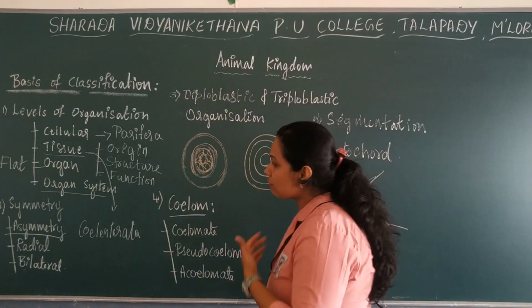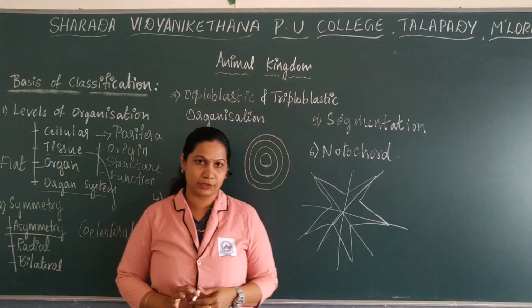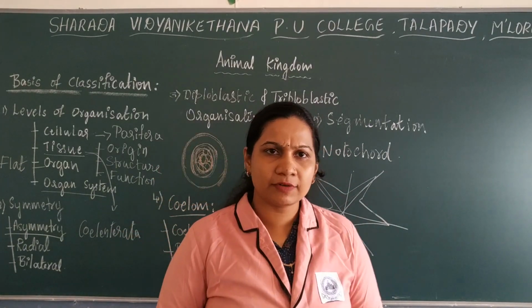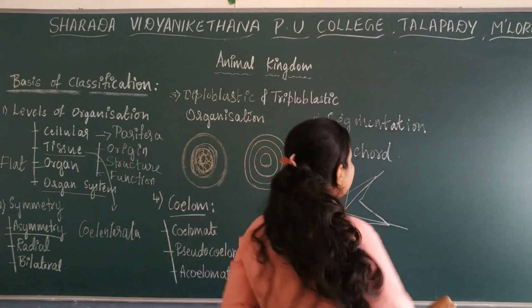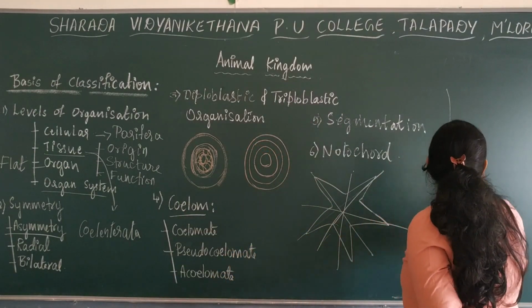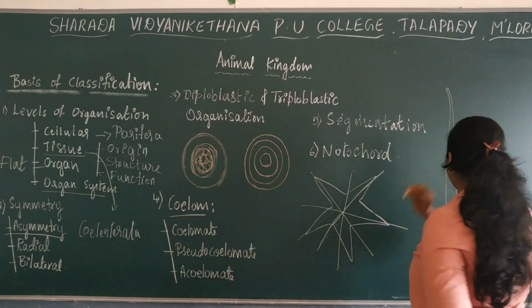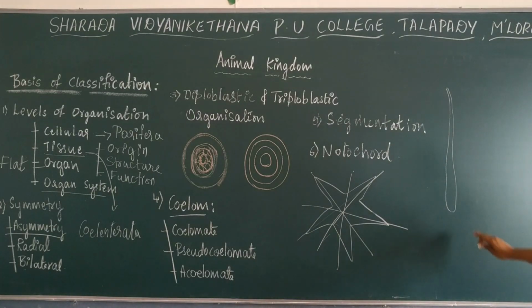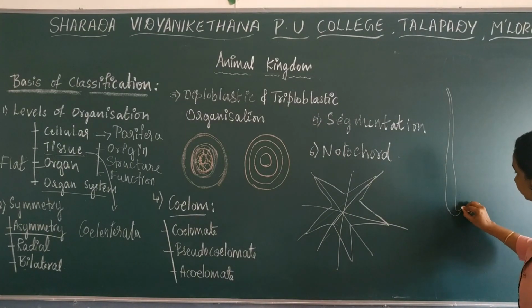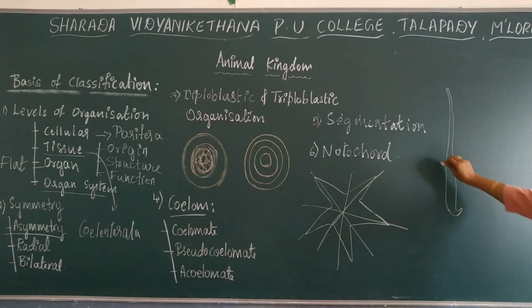Next is bilateral symmetry. So what is bilateral symmetry? Here we have a round one. If I divide it from here, do I get an equal half?